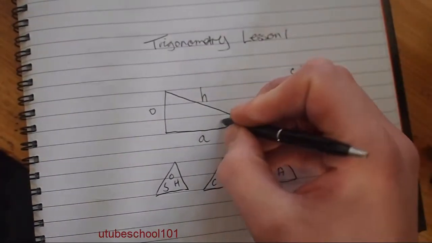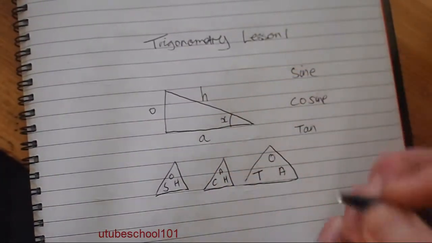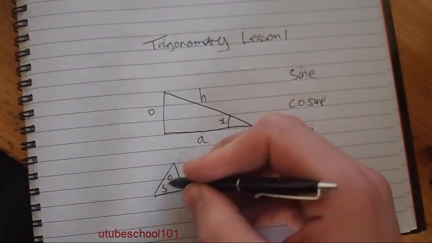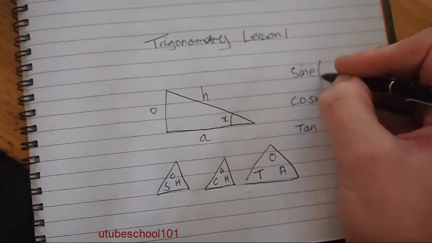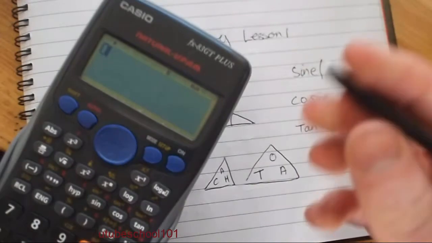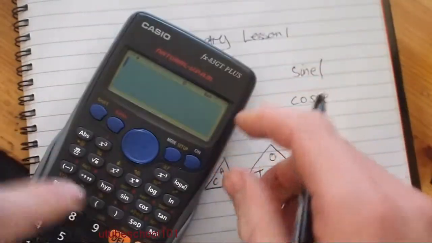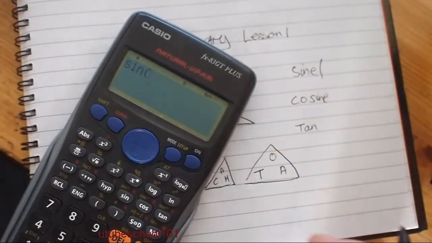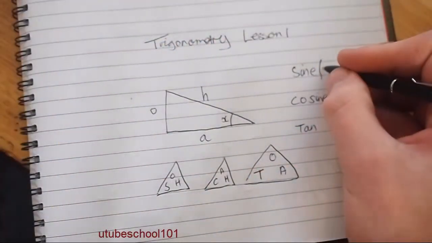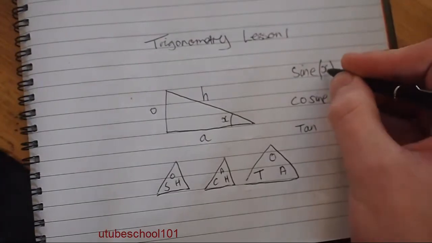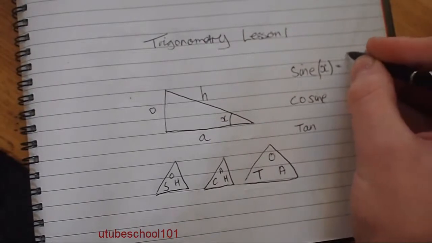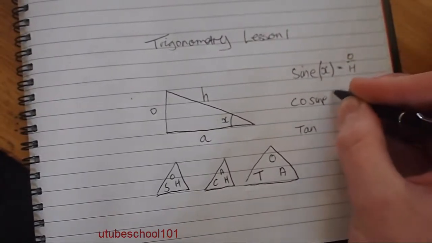So let me write X as the angle to use as an example. If you don't know what sine is, it's almost like a ratio, but you don't really need to worry about that. You just need to remember on your calculator you have the sine, cosine, and tangent. Basically the sine of your angle X is equal to opposite divided by hypotenuse, and the same with each one here.